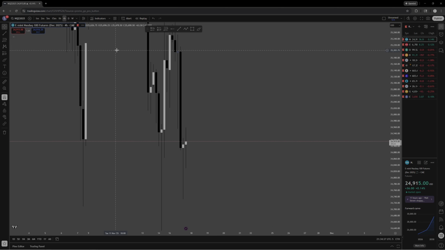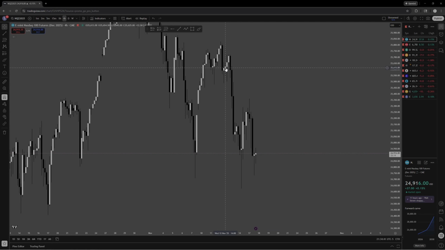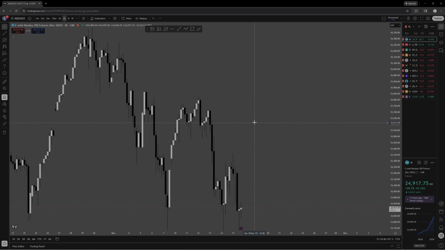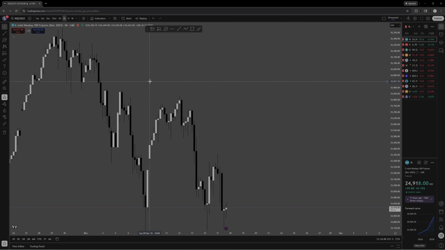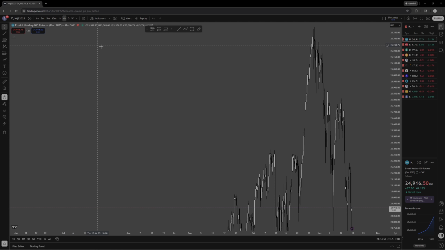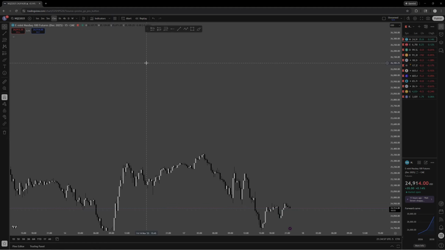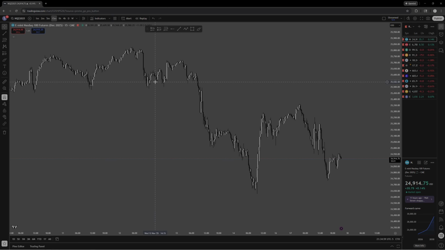And price action is fractal. I don't know if I've gone over this, but price action is fractal, which means you can spot the exact same things on every time frame. If you see a trend on the 5 minute, you'll be able to spot a trend on the 4 hour, daily, weekly. These movements in price are not completely random.